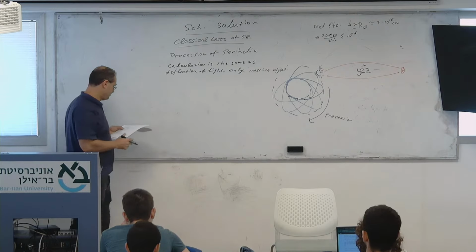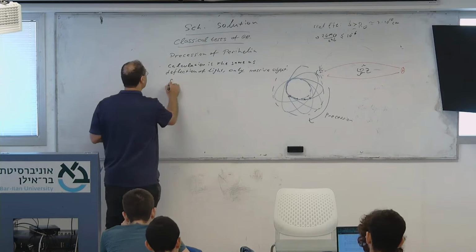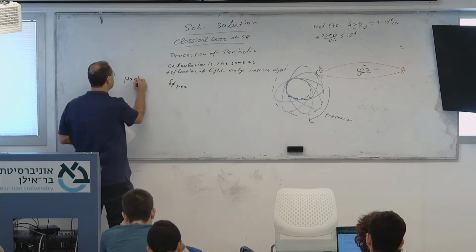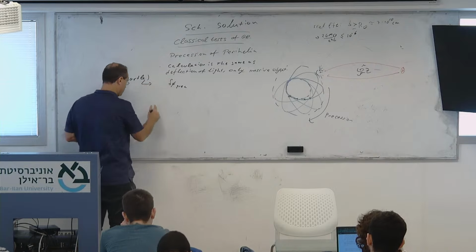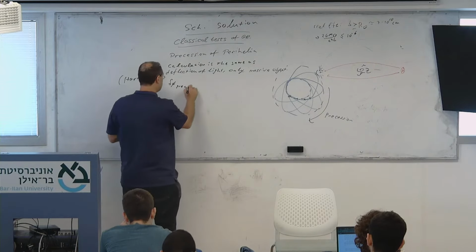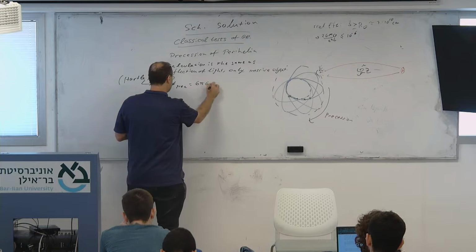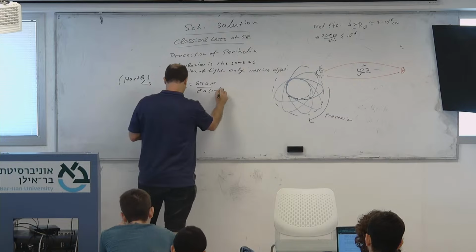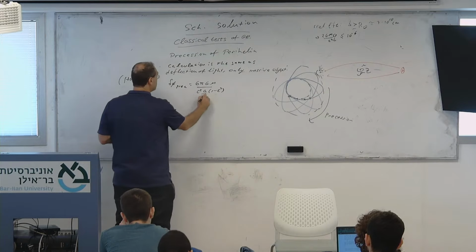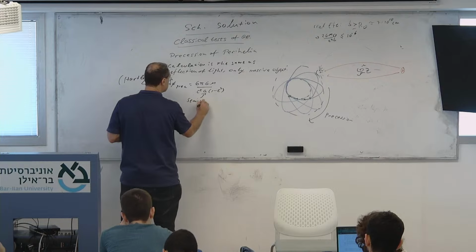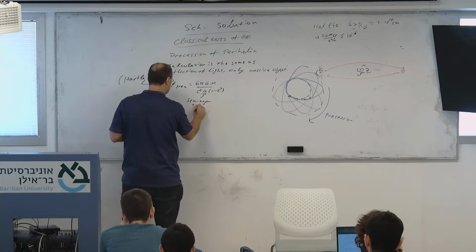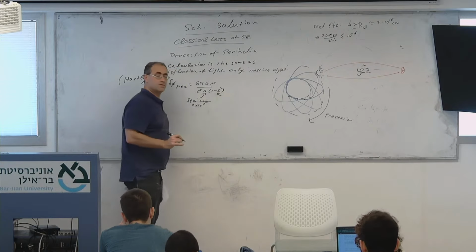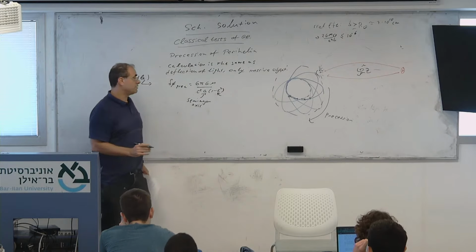So look at Hartle, and you find that the precession, delta phi, is just the final result: delta phi precession is 6 pi GM over c squared a (1 minus epsilon squared), where a is the semi-major axis and epsilon is the eccentricity.